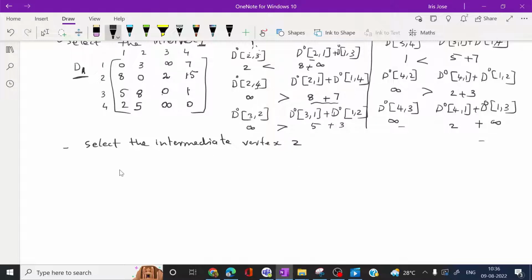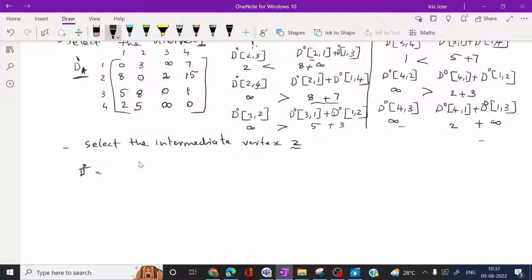When considering the intermediate vertex as 2, we will write this distance as D2, with the 2 as a superscript. D2 is the distance between each pair of vertices by considering the intermediate vertex as 2.